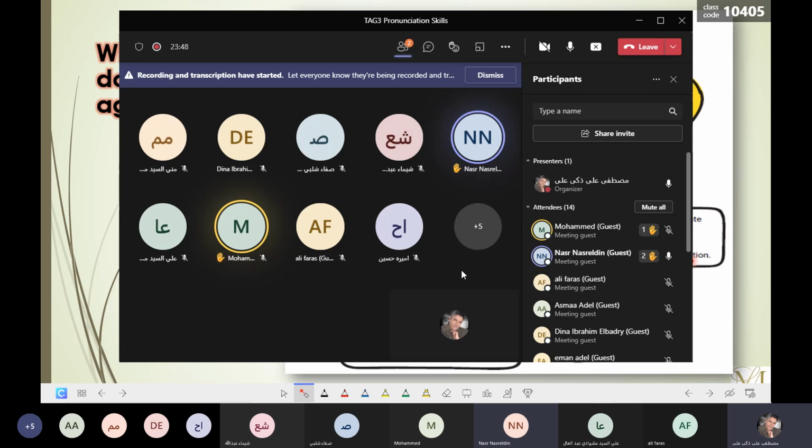I wanted to add something very important. When we teach pronunciation, I wanted to focus first on the letters, the name of the letters and the sound of the letters. It's very important.